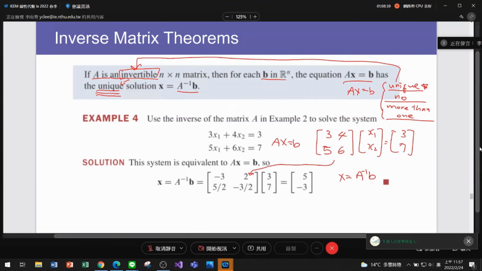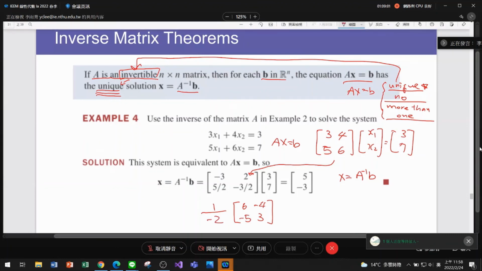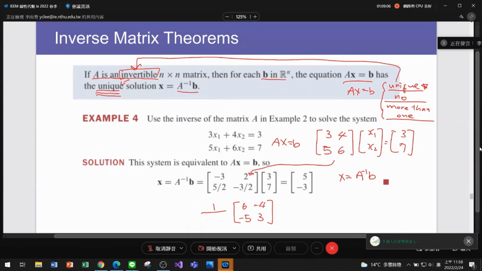We need to exchange the positions of the values and then multiply the other two values by negative 1. And then all of them need to be divided by negative 2, which is 6 times 3 minus 5 times 4.